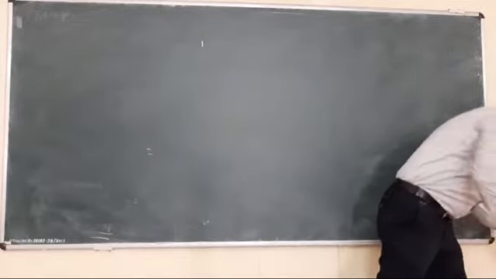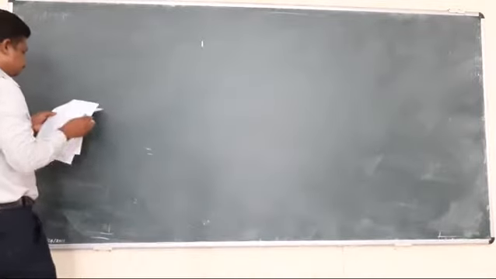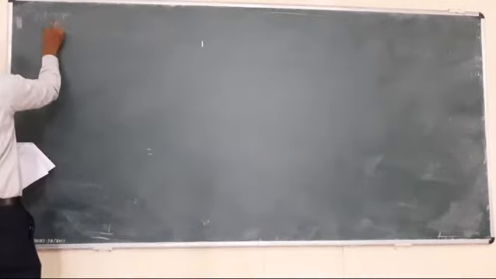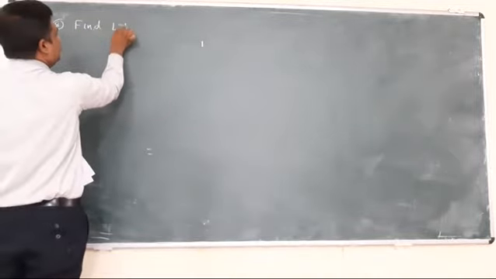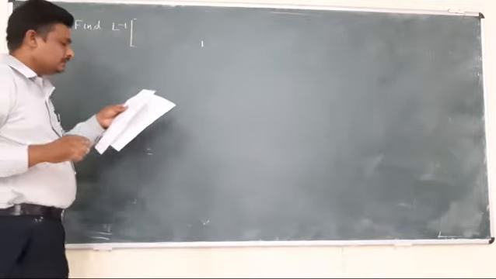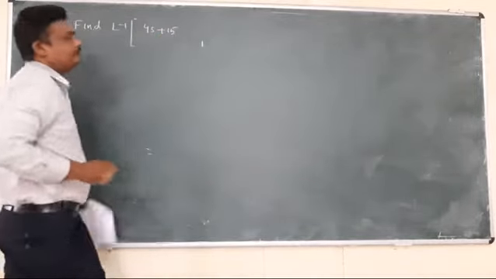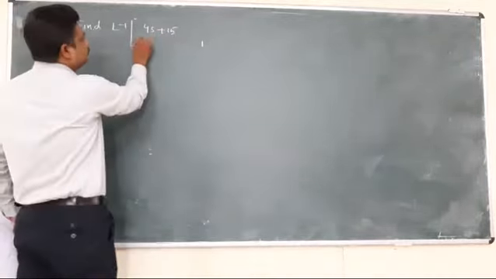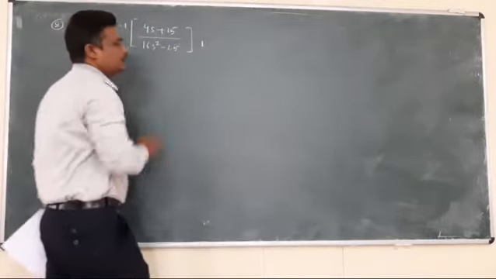Now we take the last example on this. Find L inverse of (4s plus 15) upon (16s square minus 25).